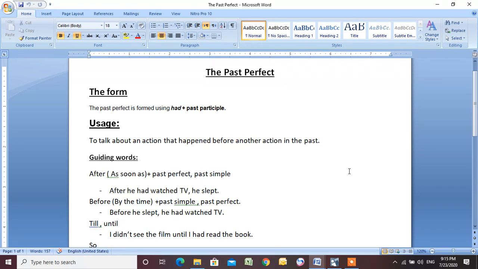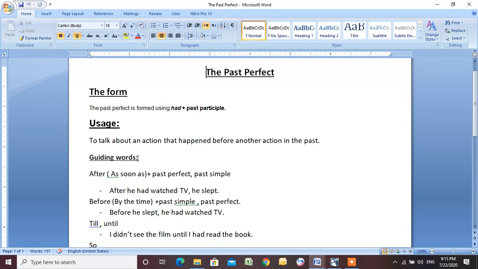So let's say first I watched TV, then I slept. Which action happened first? I watched TV. So I put this one in the past perfect. So I say, after I had watched TV, I slept.